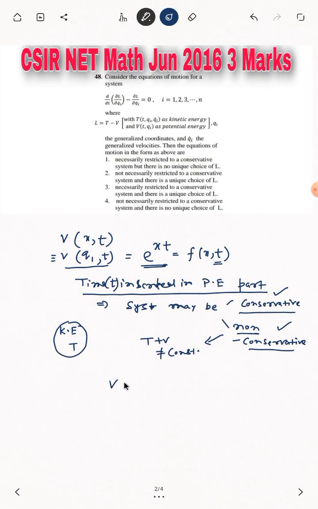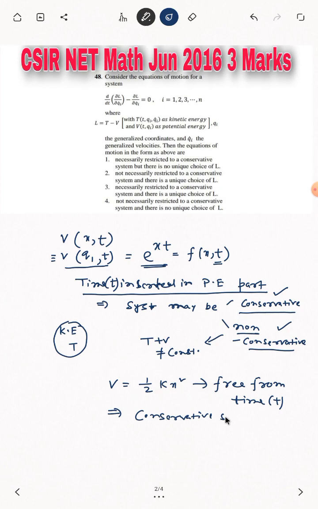We always have V equal to half k x square, that is free from time t. So this will imply a conservative system, and for a conservative system, this Euler-Lagrange equation, or Lagrange equation, will be applicable. But if t is inserted, then it may be conservative or non-conservative. This is idea number one.